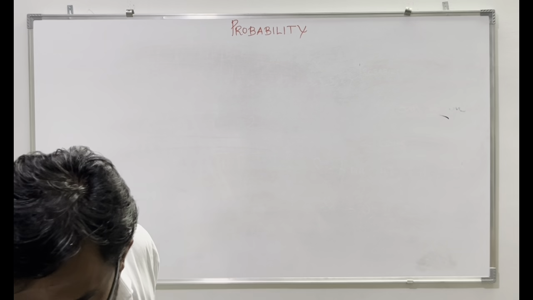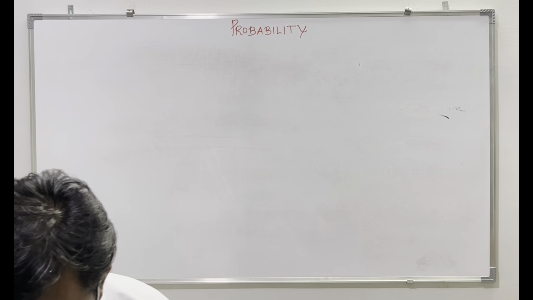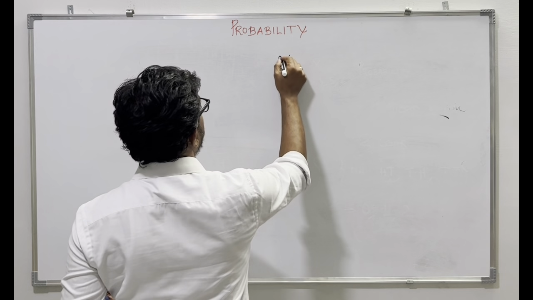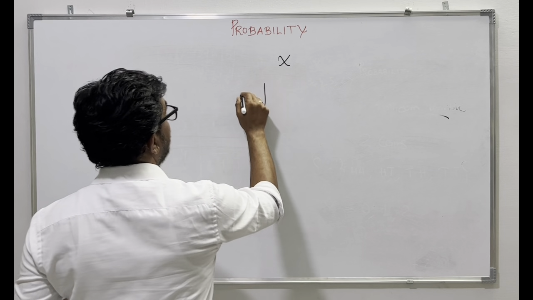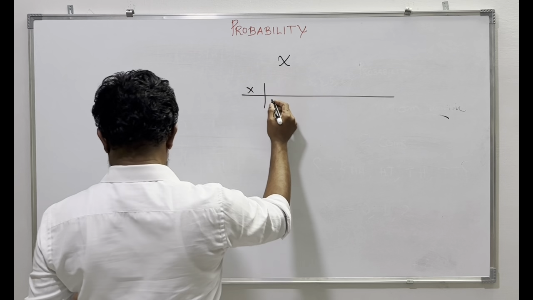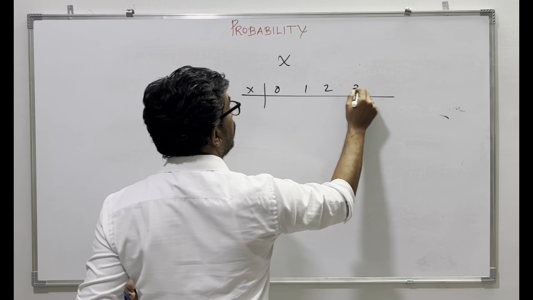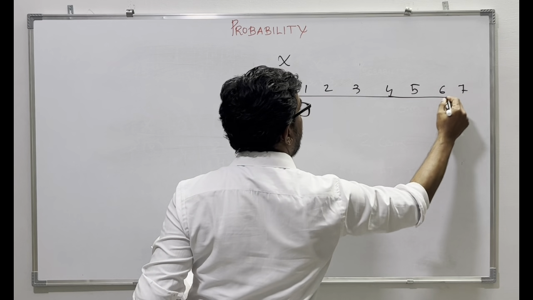See, I write a simple question here. A random variable x. I am not writing the complete question. The probability distribution is given like this. X, you have 0, 1, 2, 3, 4, 5, 6, 7.